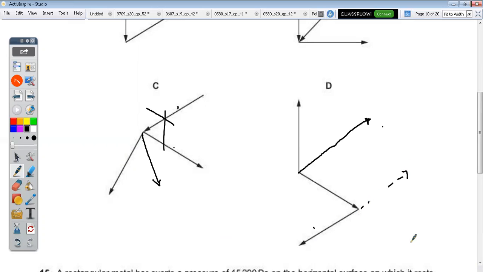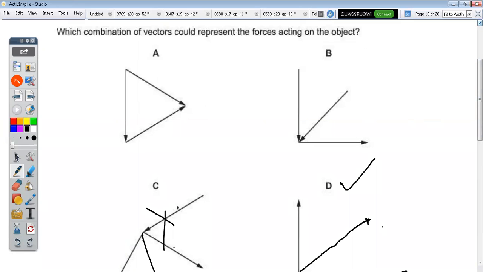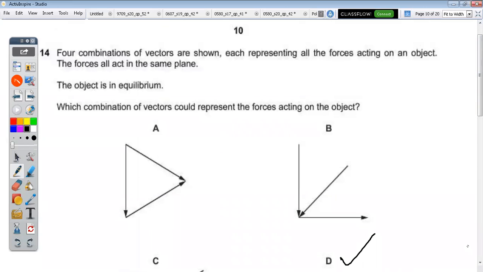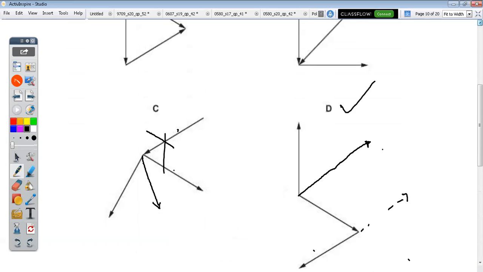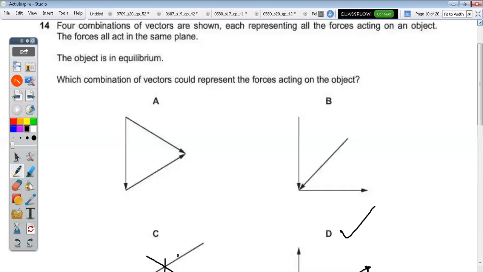So these forces are what? Does that make sense to you? Equilibrium. So what's A? How would you describe A?